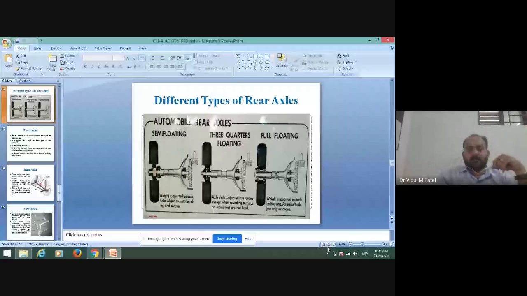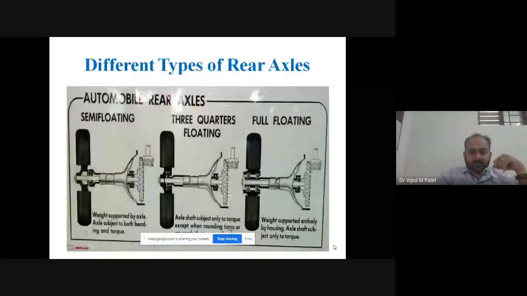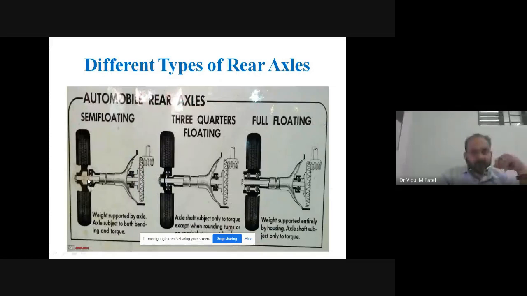In this 3/4 floating axle you can see the difference. Over here it is the same as semi floating with one major difference. We can say that the 3/4 floating is the same as the semi floating axle.